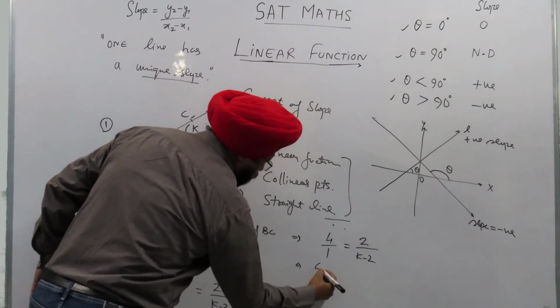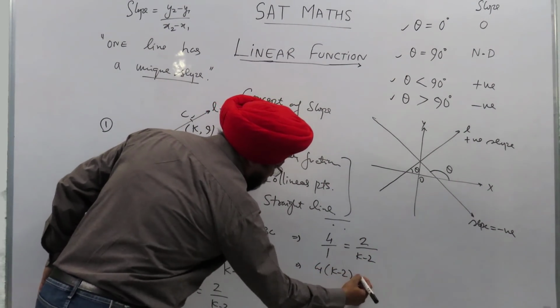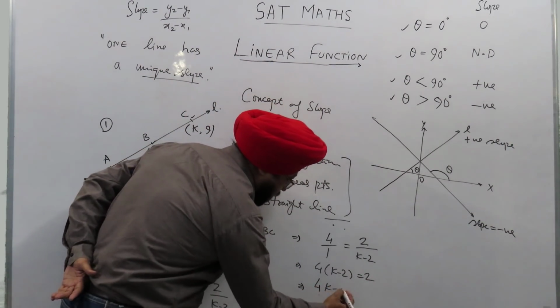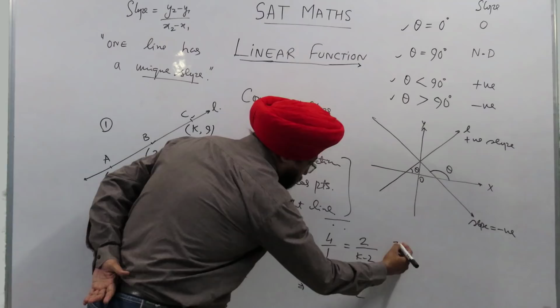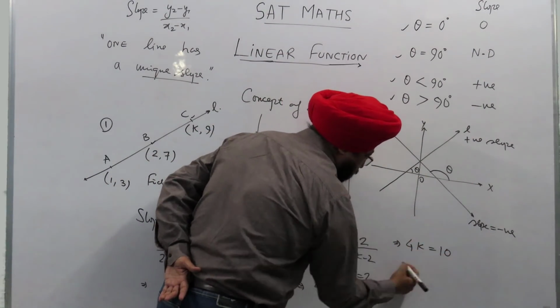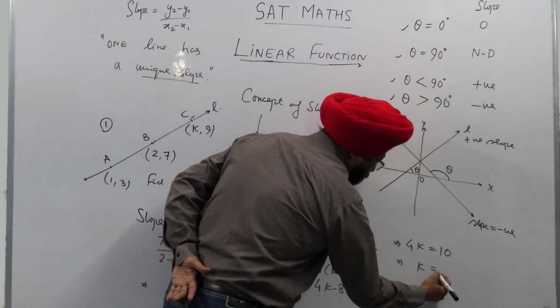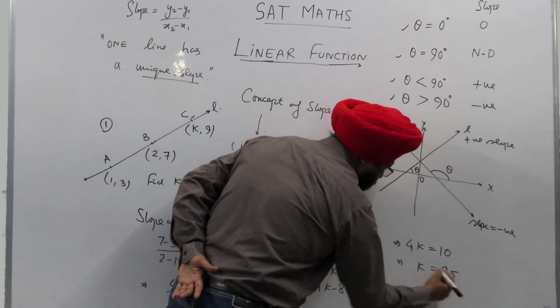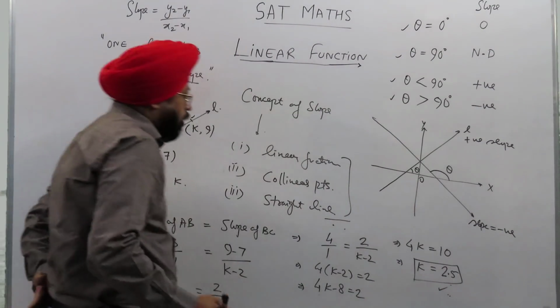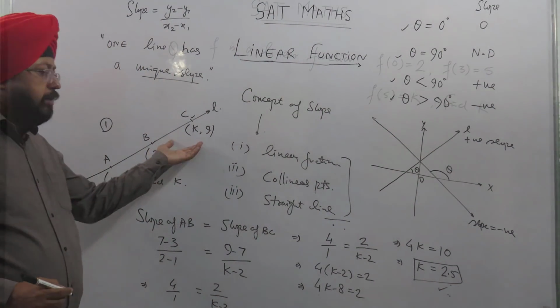It means 4 times k minus 2, or you can write 4k minus 8 equals 2. That is 4k equals 8 plus 2. You can solve it yourself also. K equals 10 over 4, that is 2.5. So this is how we find the point K.